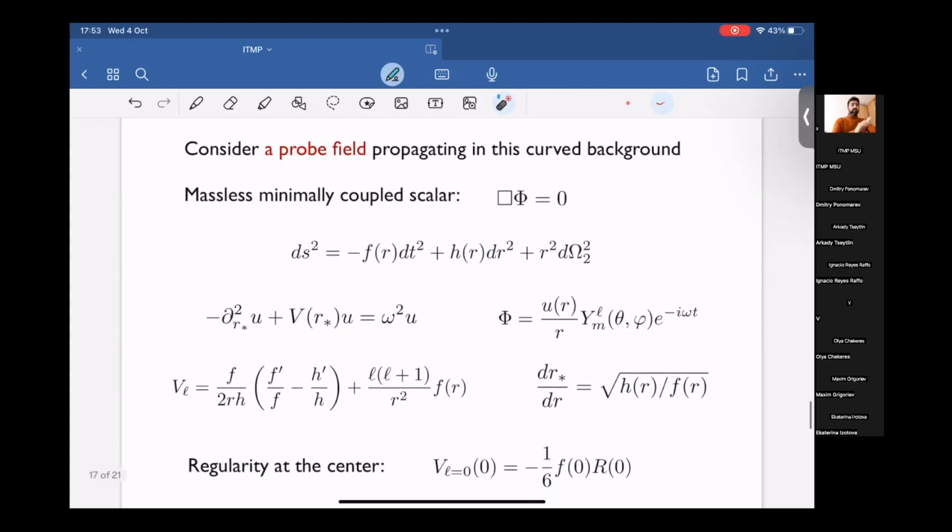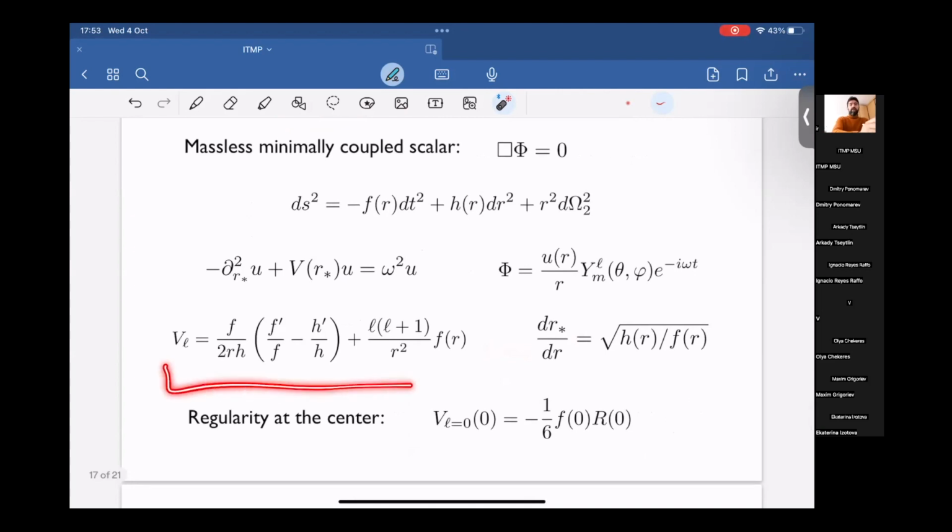If you put that on this particular background, this is very well known. You separate variables, and that leads to a Schrodinger equation in the tortoise coordinate, where there is some particular effective potential that depends on the metric. So in general, it's very hard to compute the components of the metric, the back-reacted components, right? That's also an impossible task.